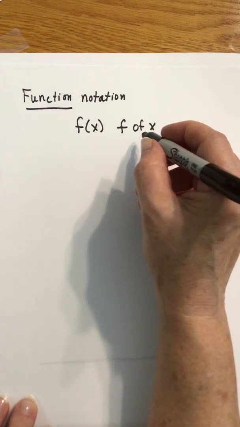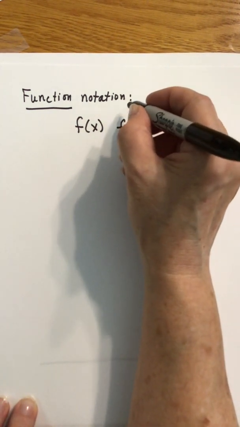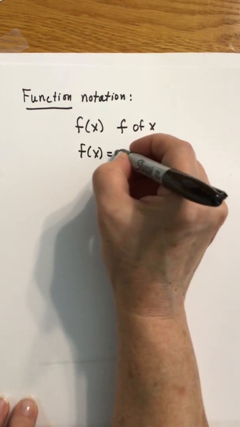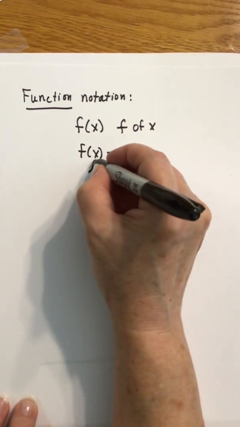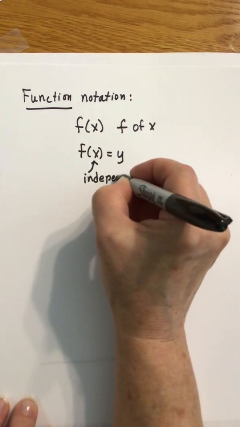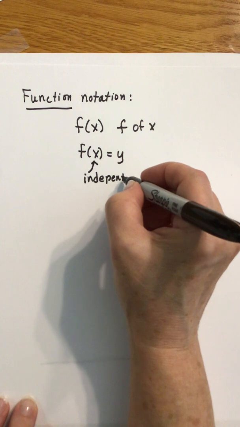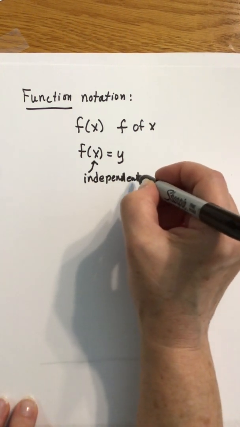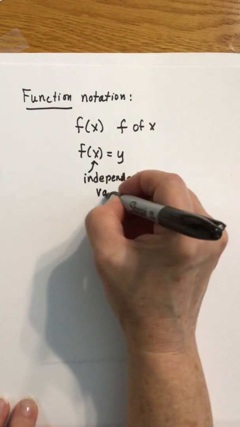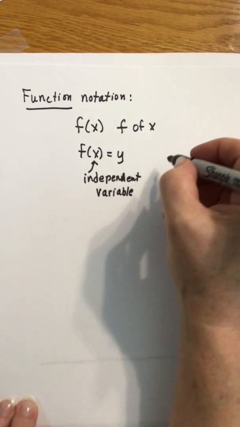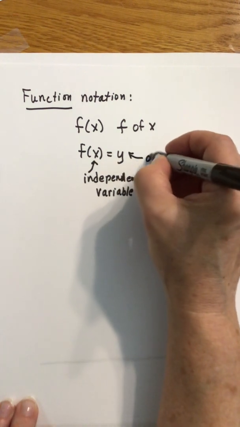So that gives us a specific action that we're going to take. So f of x, we also can write equals y, where x is the independent variable, and y is the dependent variable.